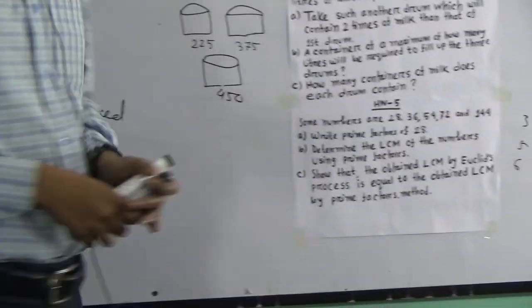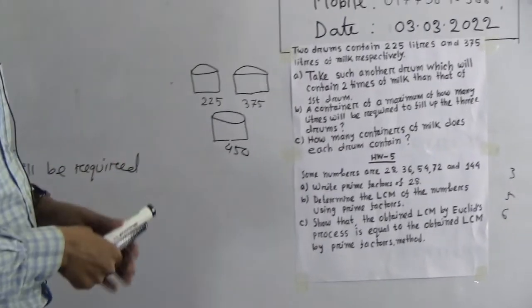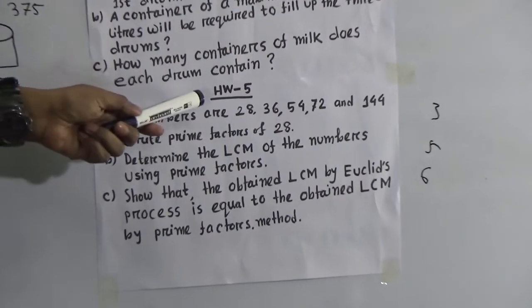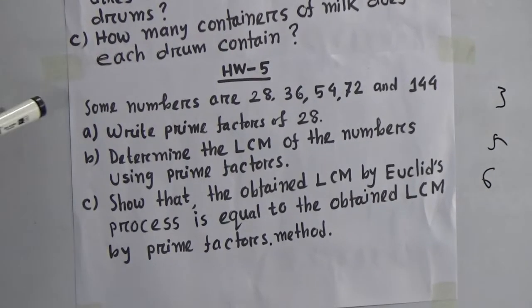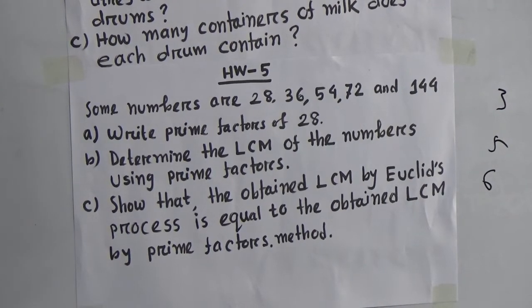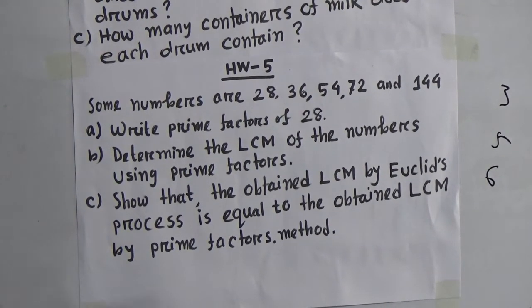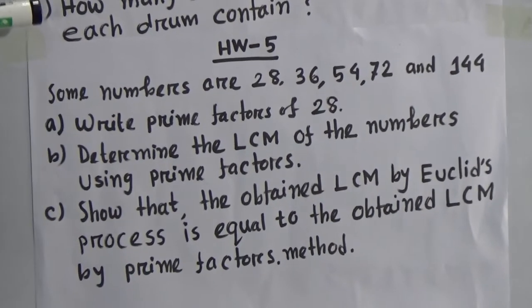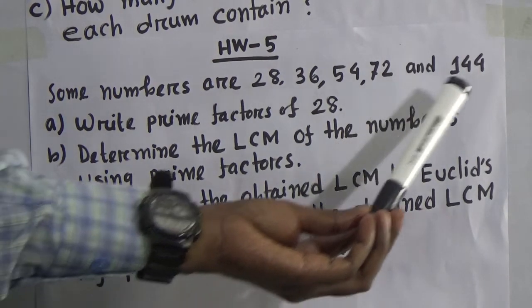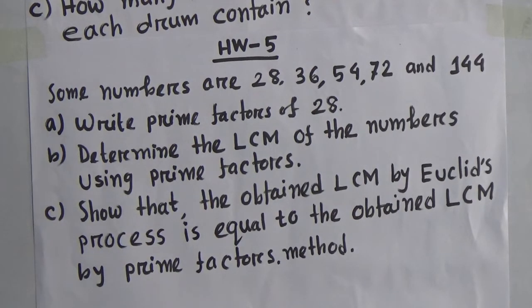Look student, now I will discuss with you example 5. Look, some numbers are 28, 36, 54, 72 and 144. Student, look, the numbers are 28, 36, 54, 72 and 144.